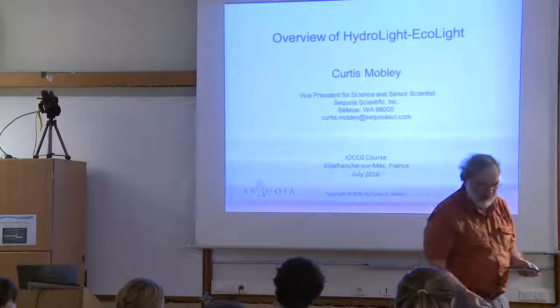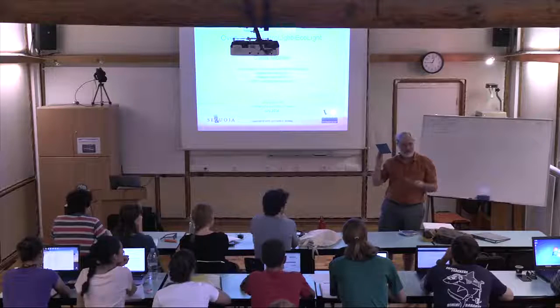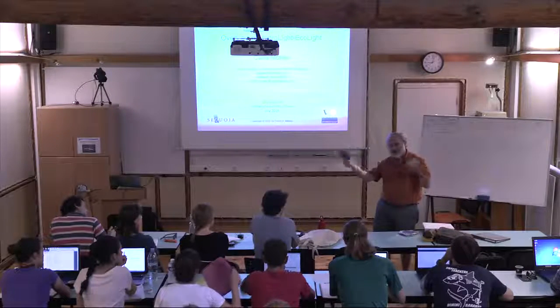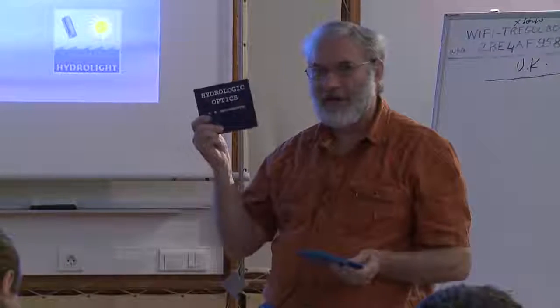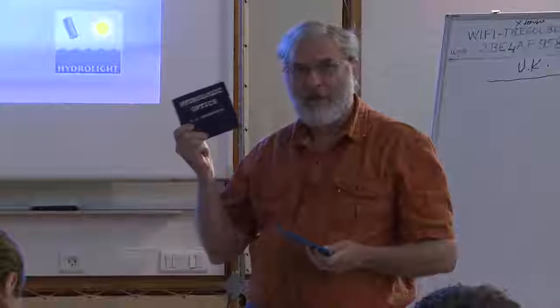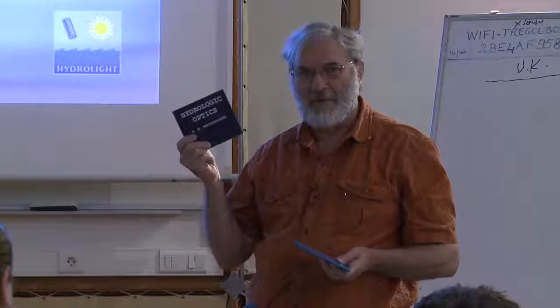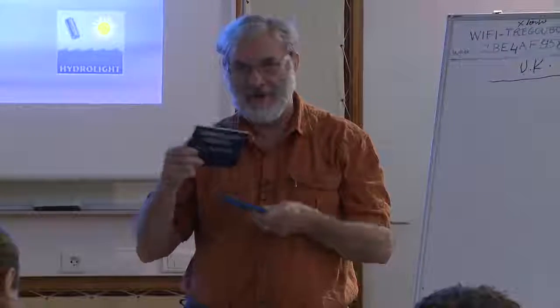I also brought copies of the Light and Water textbook, which you can download from the web, but if you want to take this and copy the whole thing over, you're welcome to. I also brought one copy of this almost 2,000-page book by Rudy Preisendorfer. If anybody wants this, you're welcome to copy all of this over.